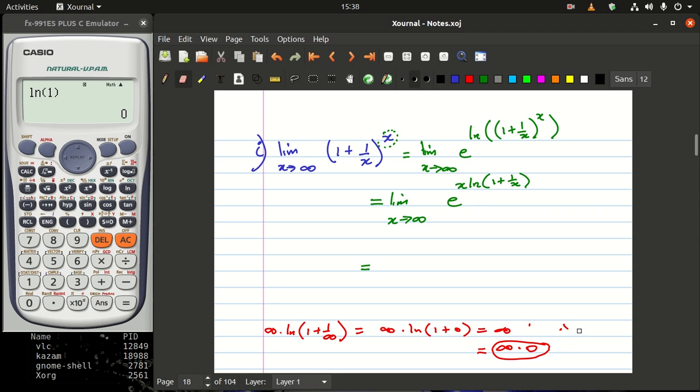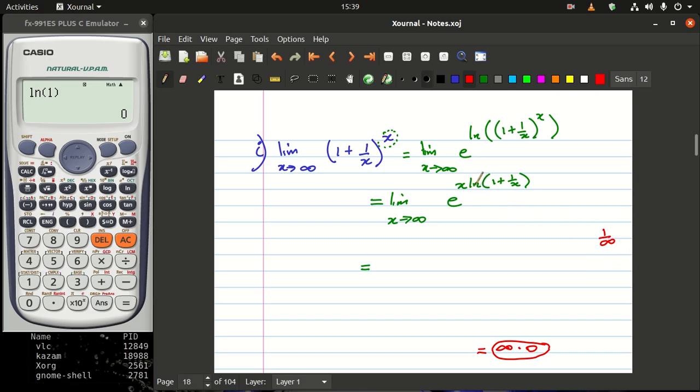The main goal of what we are looking for here: we have two functions. One function is leading to 0, but I know that 0 is the same as a constant divided by infinity.